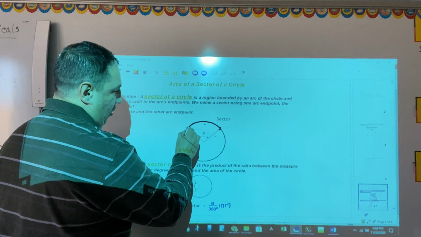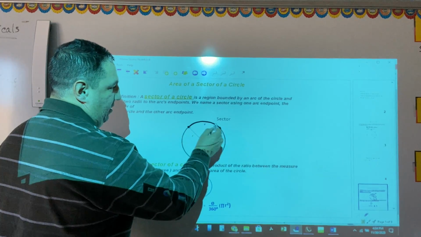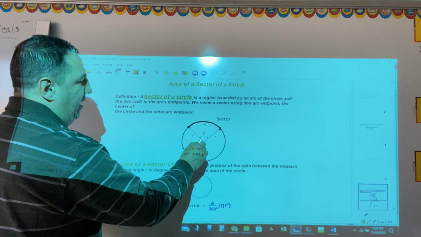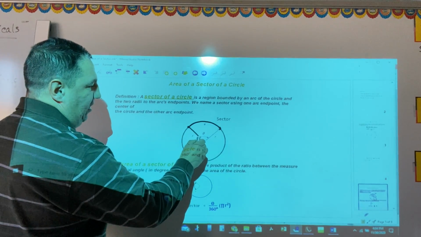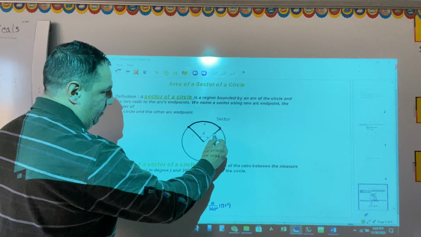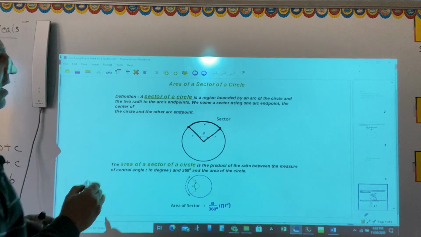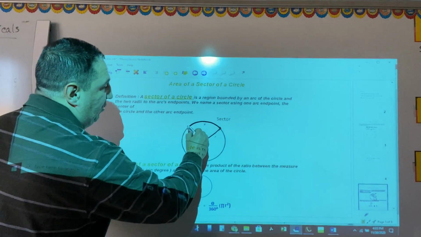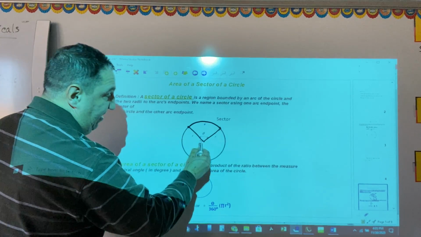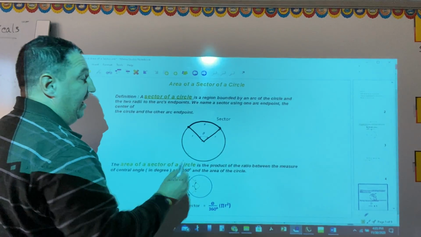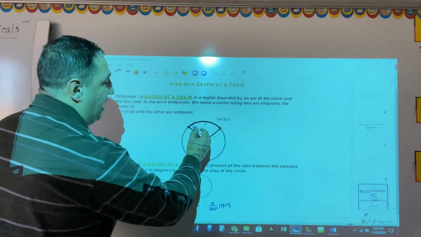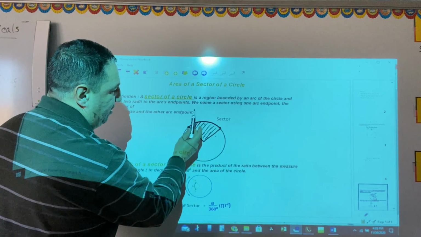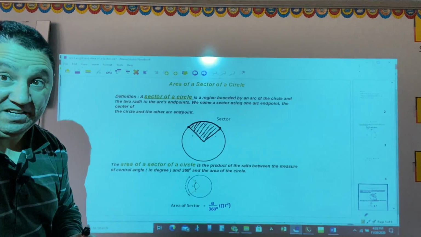This arc has two endpoints, and for each endpoint there is a radius. So the region bounded by this arc length and the radii of its endpoints is called a sector of the circle. This is a portion of the circle.